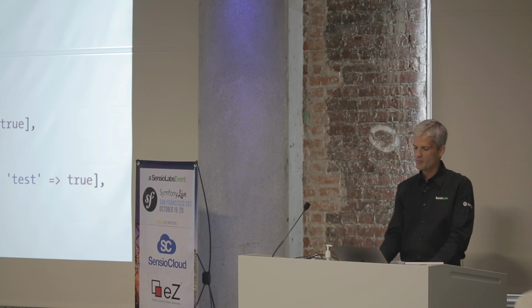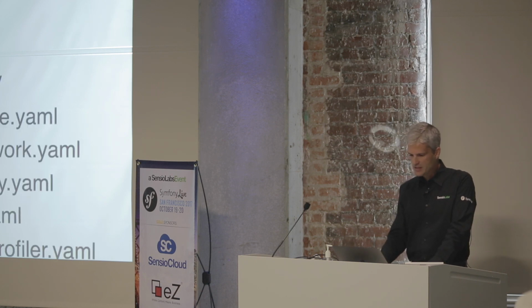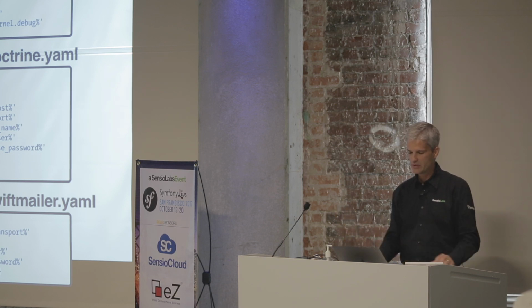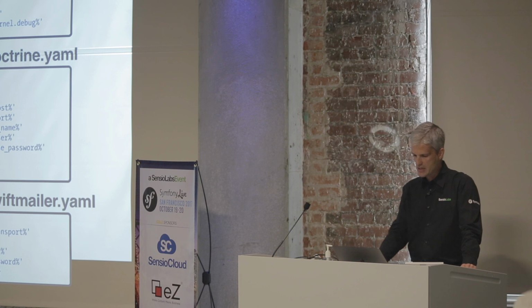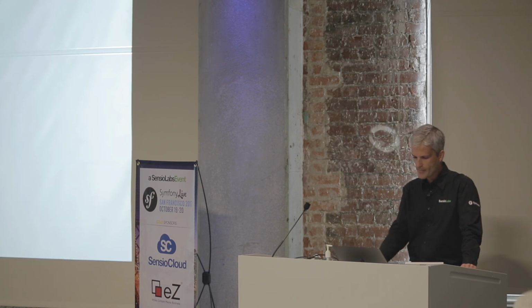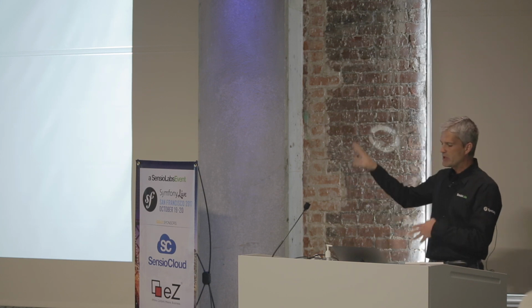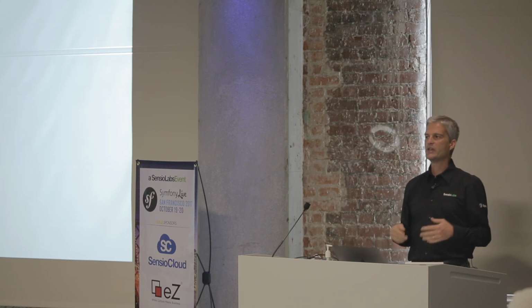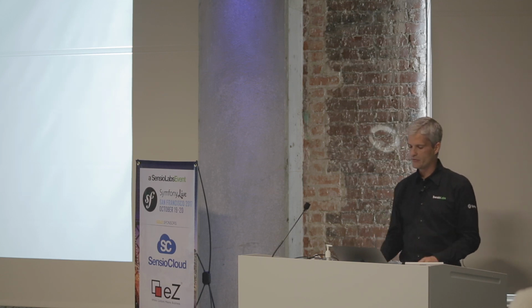You can, but you should not. And as I said before, now we have one configuration file per bundle. So basically, we split the config file into different configurations. And then we have subdirectories for configuration settings that depend on the environment.